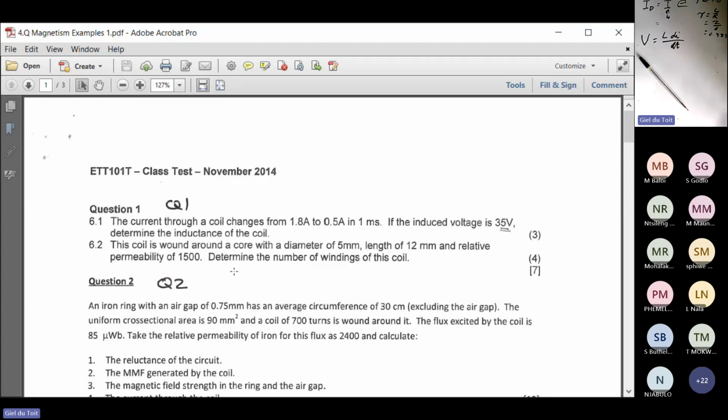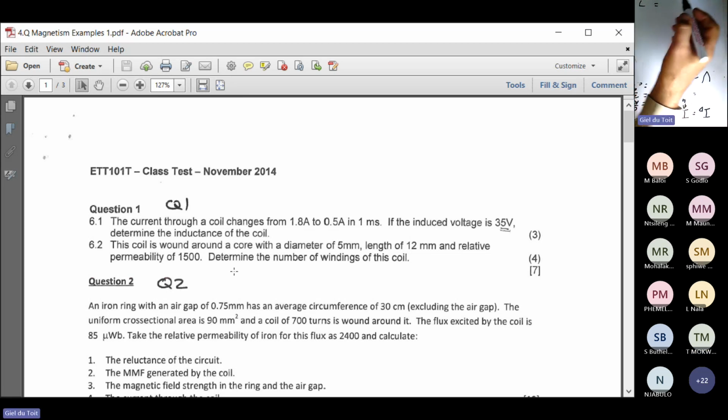So now the same coil is wound on a core with a diameter of 5 millimeter, the length of 12 millimeter, and the permeability is 1,500. What is the number of turns in this coil? So remember now, we've got to use that formula which I showed you about the inductance. Let's write it down.